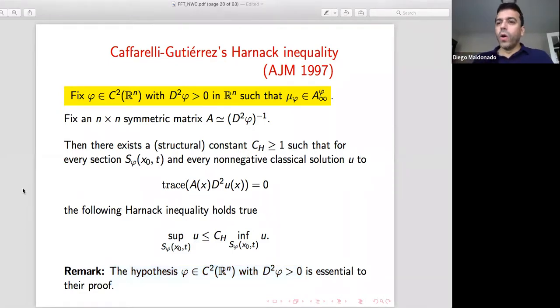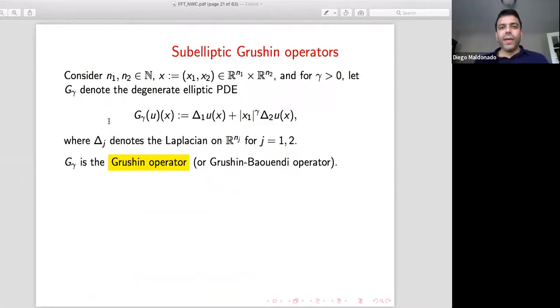All right. So impressive as this theorem is, there is an example of a certain PDE that falls short of meeting the hypothesis. Here's the example. These are well-known operators.